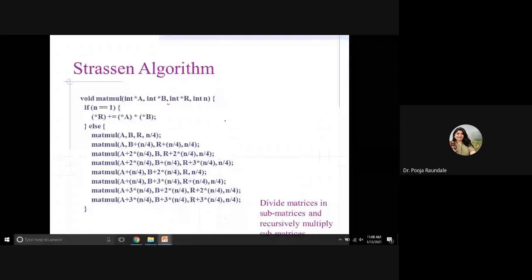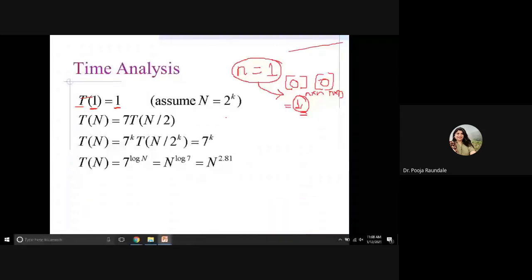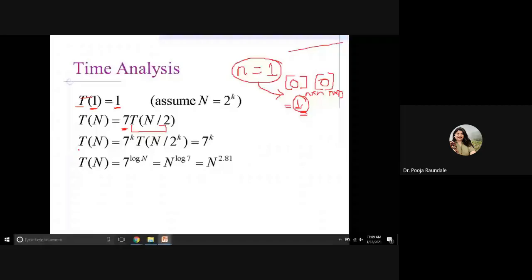And that's why every time we do 7 multiplications into the time required to solve that for n by 2. So our time analysis is T(n) = 7 T(n/2), and this is how we will reach the granular level.